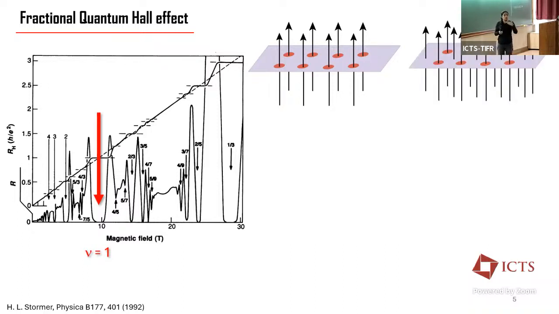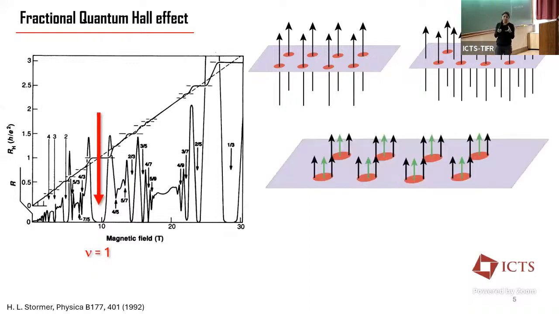As we increase the magnetic field, we have more flux quanta in the system. Now electrons have the chance to minimize their Coulomb energy, so they do so by attaching 3 flux quanta to 1 electron and staying away from each other. This is the case of nu equal to 1/3 filling factor.